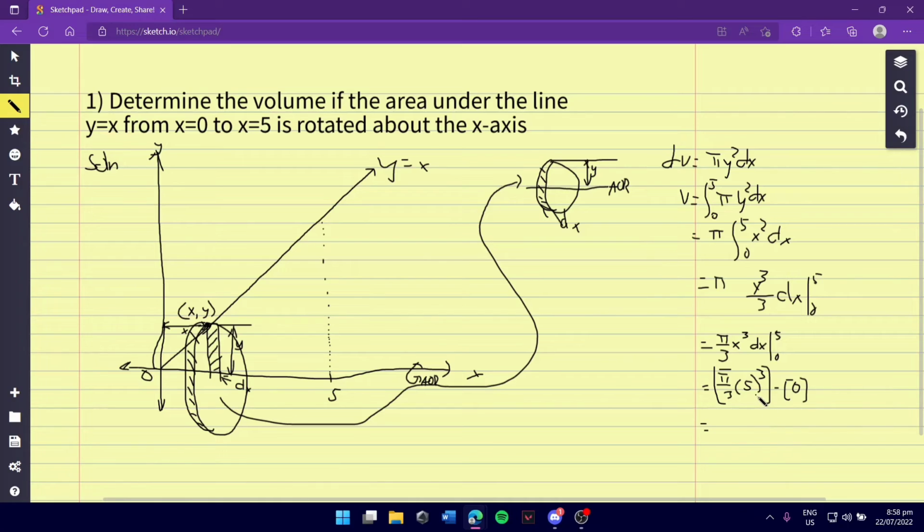So 5 cube here, 5 times 5 times 5, 5 times 5 is 25, and 25 times 5 is 125. So we have here 125 times your pi, and then over 3. And then your unit of measure here is your cubic meters, cubic unit. So, this is now your answer to your example number 1.